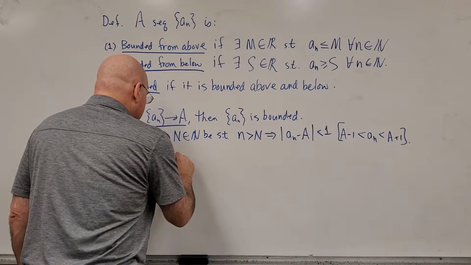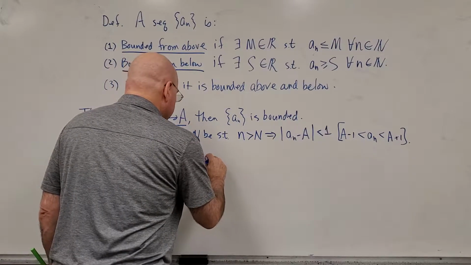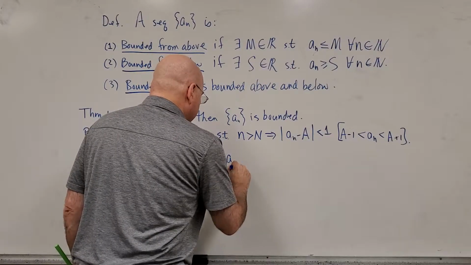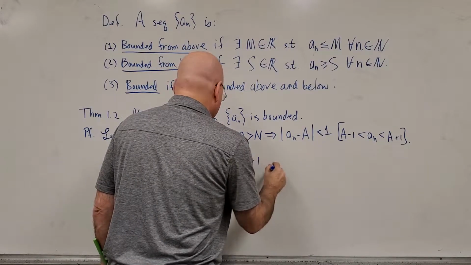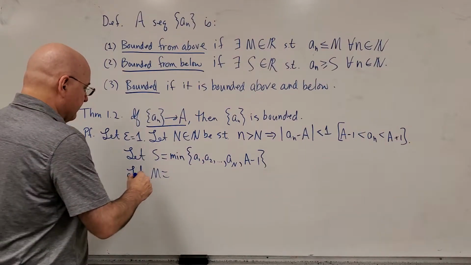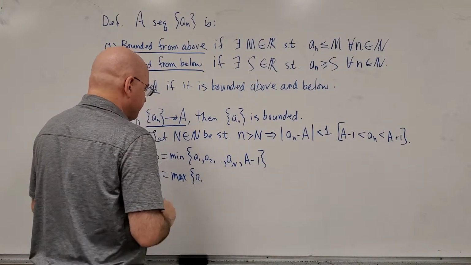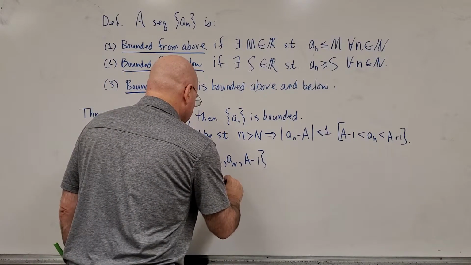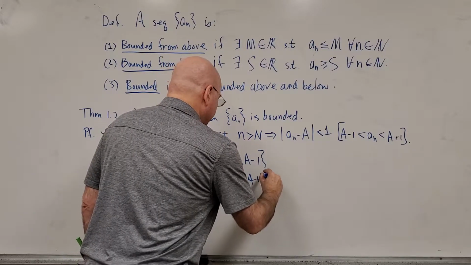It's going to be the smallest of a_1, a_2, up to a_N, and then the number A minus 1. And I'm going to let M, capital M, be the maximum of a_1, a_2, up to a_N, and A plus 1.